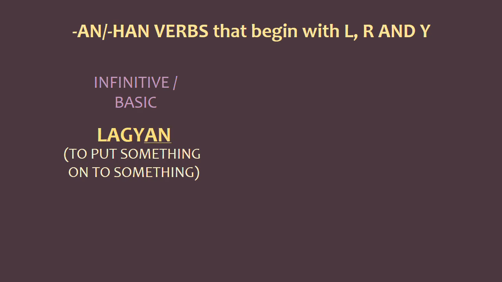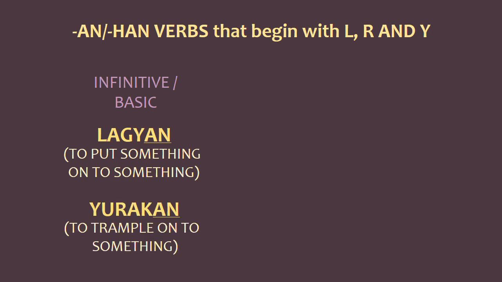But the conjugation of it will be the same as any other an or han verb that begins with letter L, R, and Y. And for our second example, we have yurakan, to trample onto something. Its root verb is yurak. So we just remove the an.